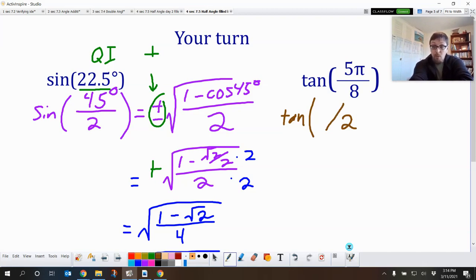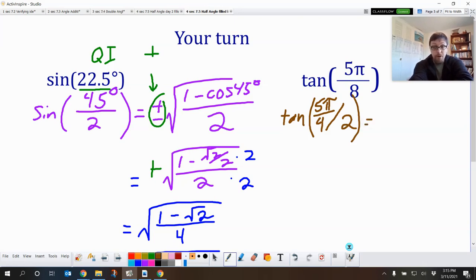Well, 5 pi over 4, if I divide that by 2, that's the same as multiplying by a half, and it would be the same as 5 pi over 8.